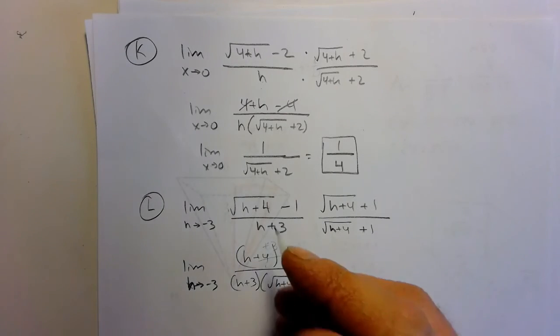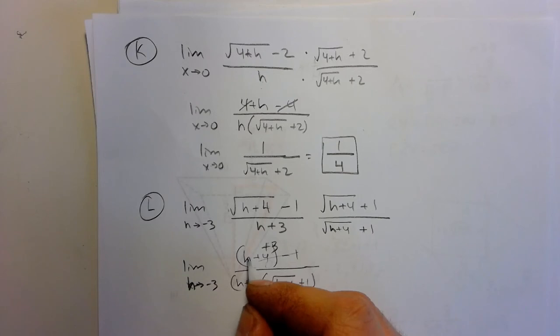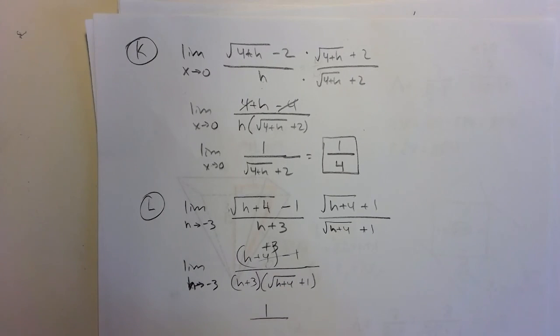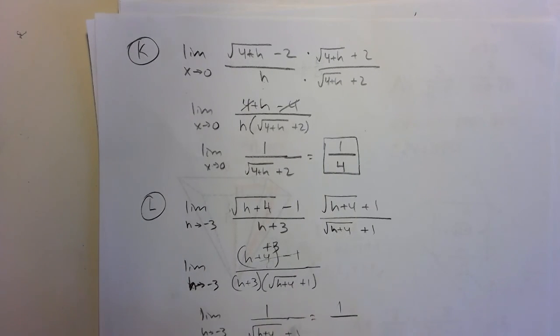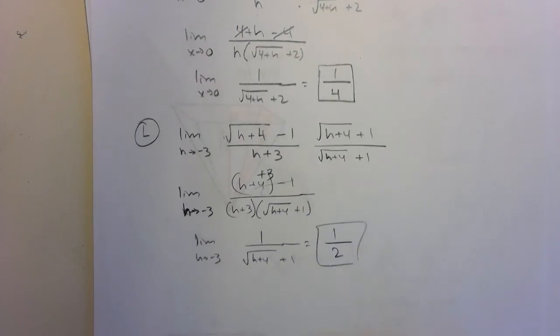Look at that. h plus 3 is going to cancel h plus 3, so I'm left with 1 over that group. Limit as h approaches -3. That nicely canceled. Well, I plug it in. The top is obviously 1, bottom, square root of 1, which is 1, plus 1, that's 2. Limit 1/2, all set.